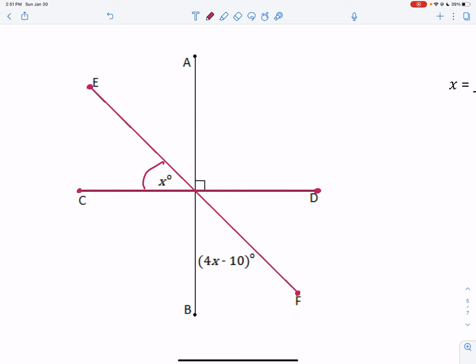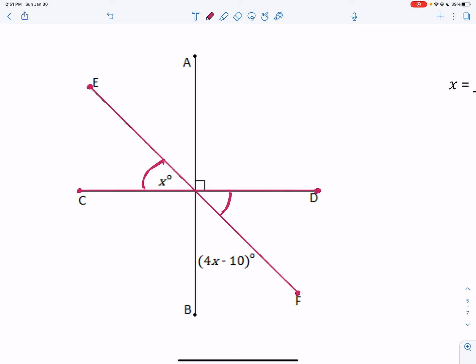Now, the vertical angle for this one will be the other angle that's formed on the opposite side. That's how you know which ones are vertical angles. So just highlight the lines themselves and see that it's going to be all the angles formed by that intersection. So this and that.